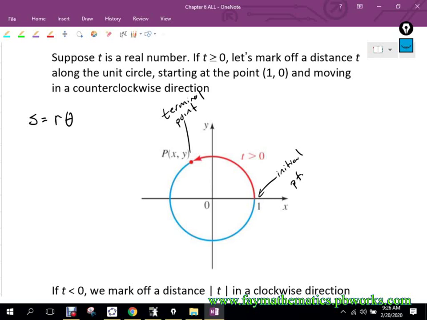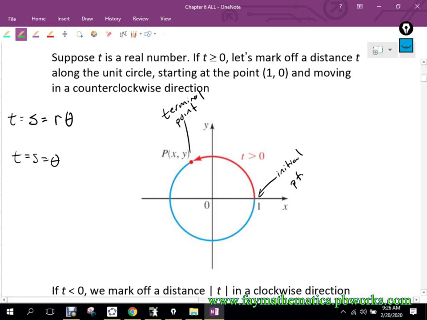Does that kind of make sense here? So I can make that extended equation. What circle are we in? The unit circle. So what's r? 1. Does that make sense then? Okay. Well, what was theta?